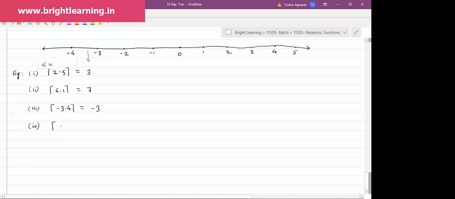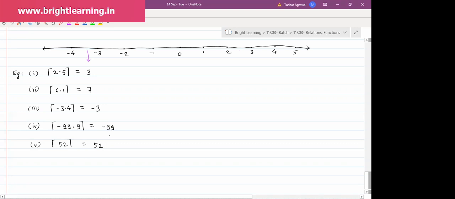Ceiling function of minus 99.9 will be minus 99, and ceiling function of 52 is equal to 52 only, since it is an integer.